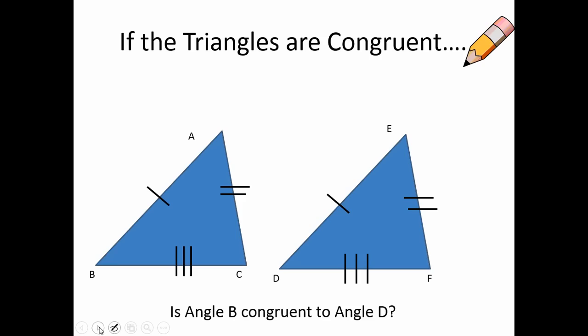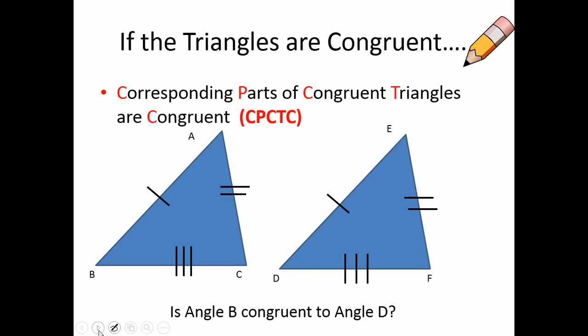So if the triangles are congruent, ladies and gentlemen, get this part into your notes. If the triangles are congruent, then we know corresponding parts of congruent triangles are also congruent. So that means if we have congruent triangles already, then their corresponding parts, that is all the pieces that make up each triangle, will be congruent as well.